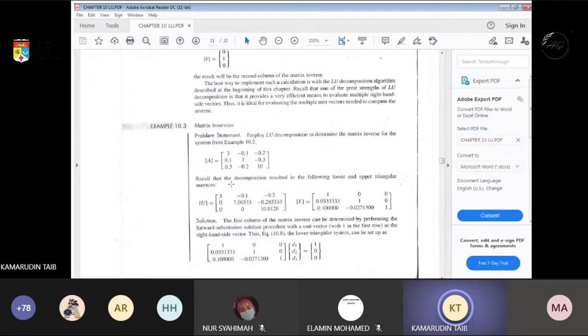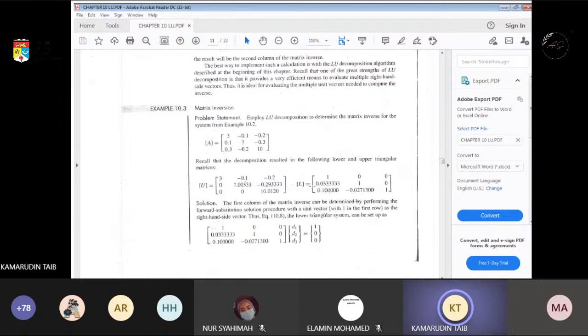First, we decompose A into L and U. Then the first column of the inverse matrix, that means the first column of the answer of the matrix that we are trying to find, can be calculated by performing the forward substitution solution procedure, having a unit vector.